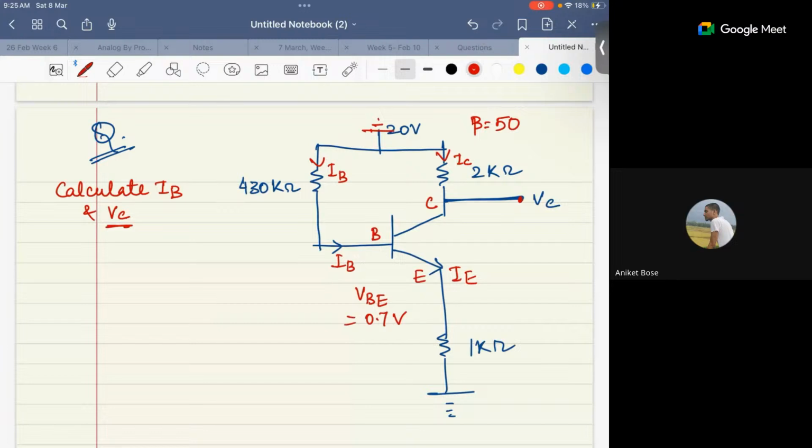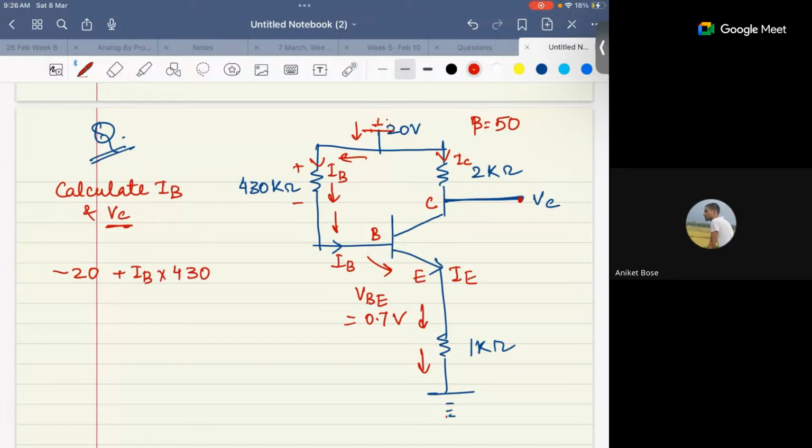From this ground to this ground I can move, I can take this direction. If I have to move from here, 20 volt, till this ground, how can I write the KVL equation? Minus 20, then there is a potential drop of plus IB times 430, right?